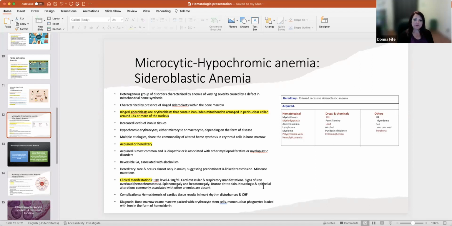Complications: hemosiderosis of cardiac tissue results in heart rhythm disturbances and CHF. Diagnosis, bone marrow exam. It's going to show marrow packed with erythrocyte stem cells and mononuclear phagocytes loaded with iron in the form of hemosiderin.